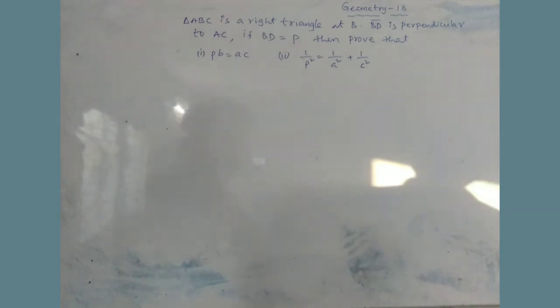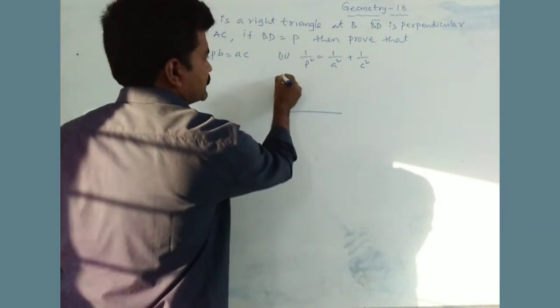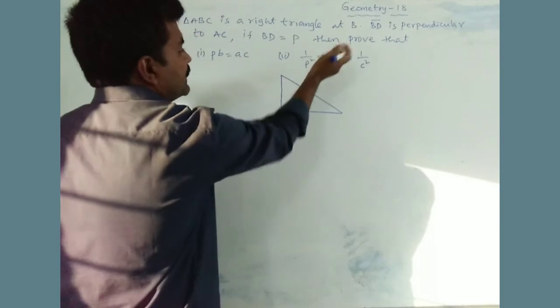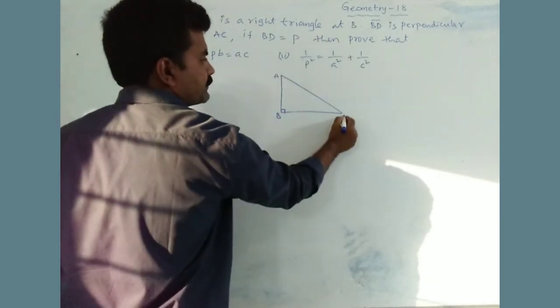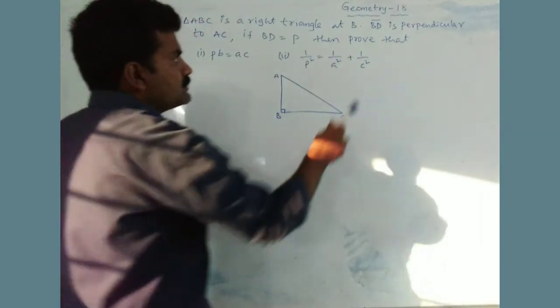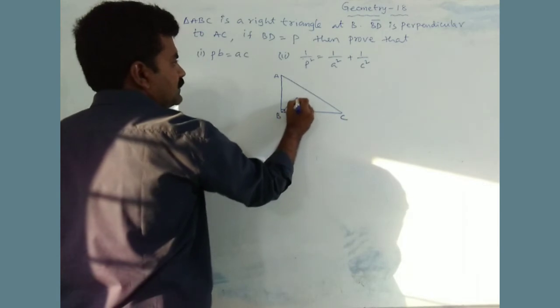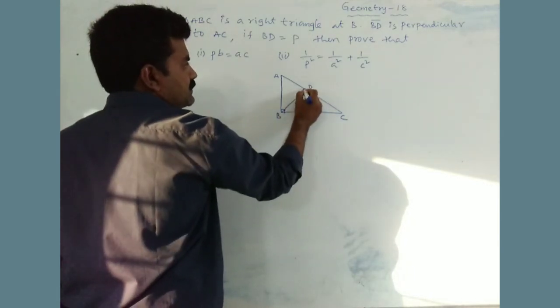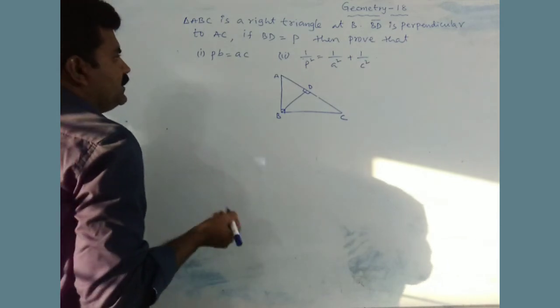So see, given that triangle ABC is a right angle triangle, and moreover right angle is at B. Also given that BD is perpendicular to AC. Let it be the BD which is perpendicular to AC. Okay, ma'am.